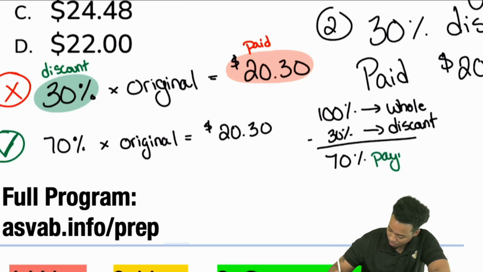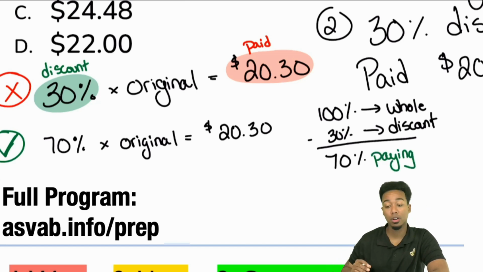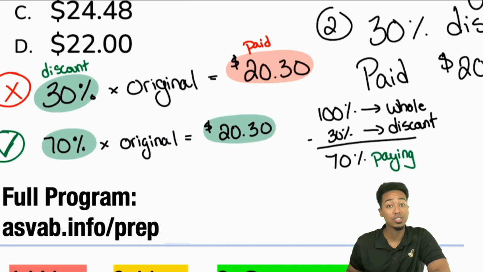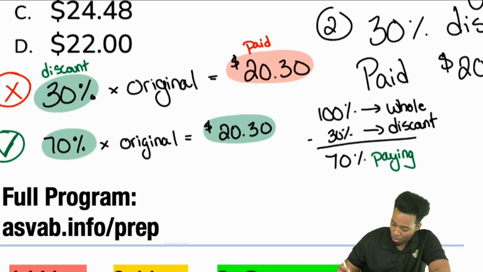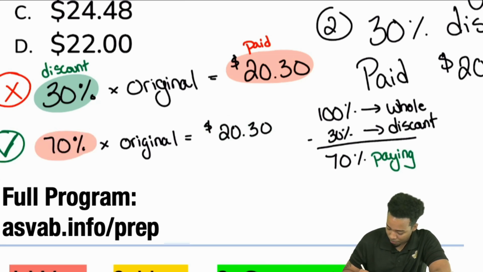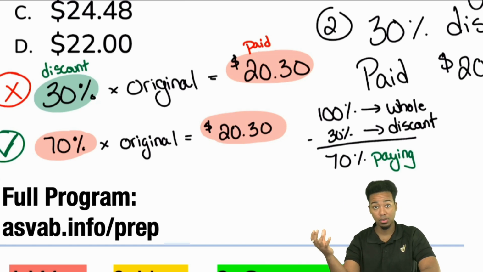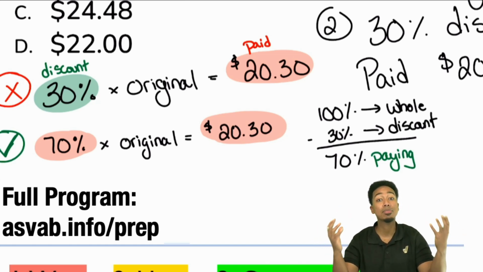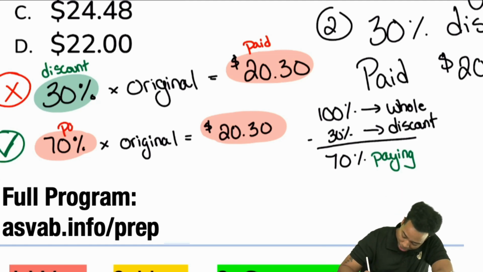And so therefore, when you set it up like this, 70% and the $20.30, both of those represent what we are paying. Let me use red highlight here to show that these now represent the same idea. The percentage representation and the result representation represent the same thing: how much you are paying.